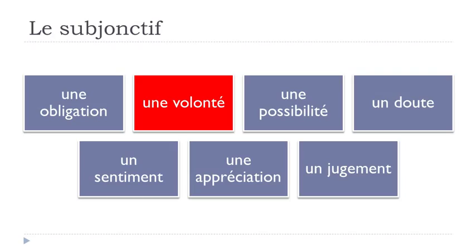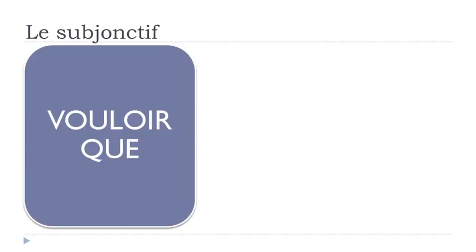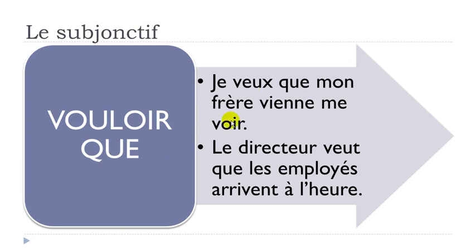So, une volonté, something you want to do, and the verb that normally we tend to use is the verb vouloir, to want, okay? Vouloir que will be followed by le subjonctif. For instance, je veux que mon frère vienne me voir, all right? Je veux que mon frère, my brother, here you've got the subjunctive form of venir, to come, me voir, see me, okay?